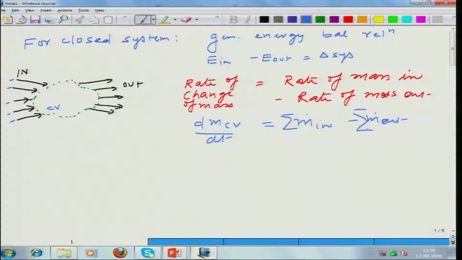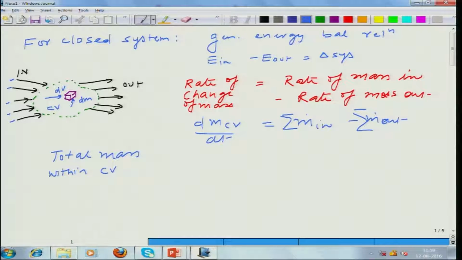Now how are you going to define the total mass of the control volume? The total mass within the CV: we can consider a small volume here. Let's say this is a volume, and the mass of this particular volume we can consider to be dm, and the corresponding volume would be dV.